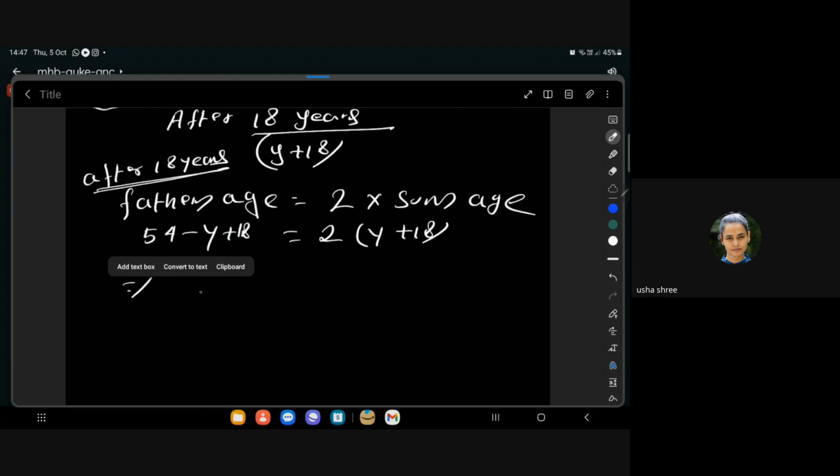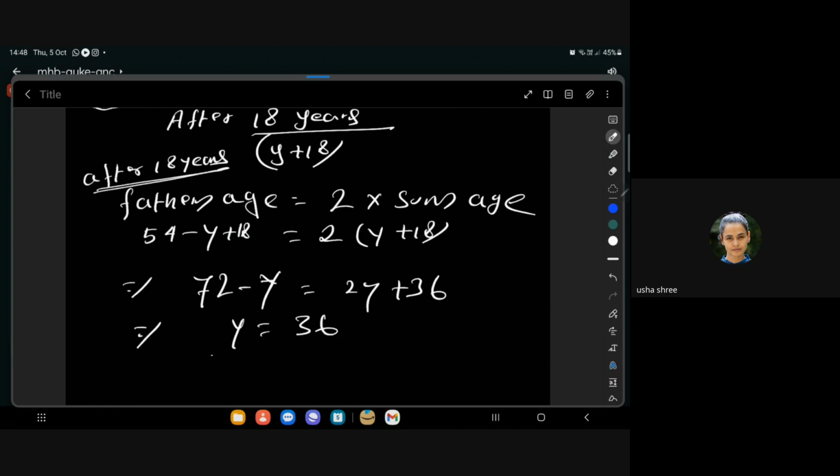So this will give you how much? 72 minus y equals 2y plus 36. Sorry, wrong equation, one minute. 72 minus y. So from this equation you will get y equal to 36.